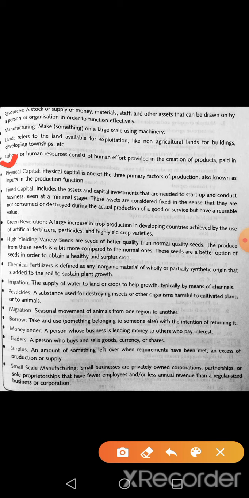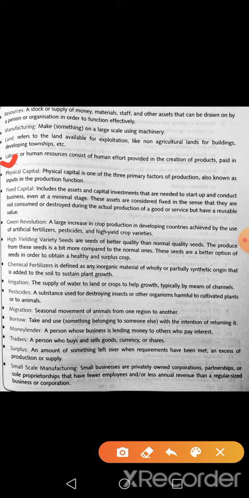Fourth one, labor or human resources. As we can see here, nowadays the laborers are moving from one state to another. The labor or human resources consist of human effort provided in the creation of products, paid in wage.